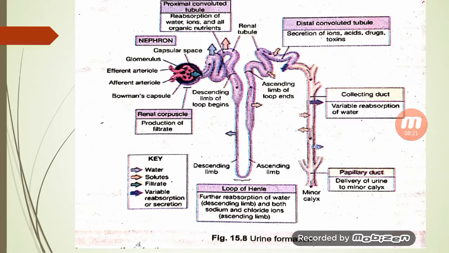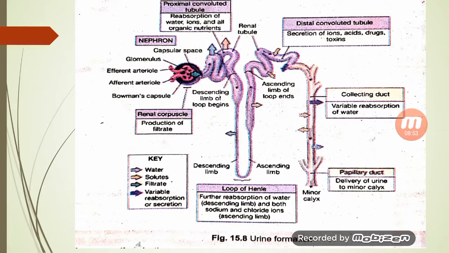The ascending limb loses sodium actively, maintaining the medulla salty. The descending limb of the loop is more permeable to water. As the water leaves the filtrate by osmosis, the filtrate becomes more and more concentrated as it reaches the bottom of the loop.